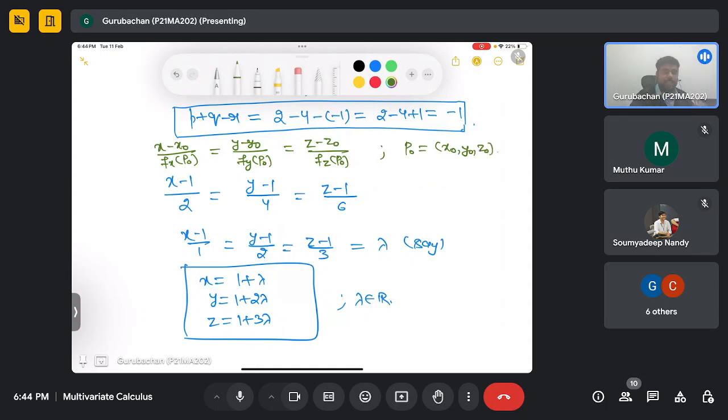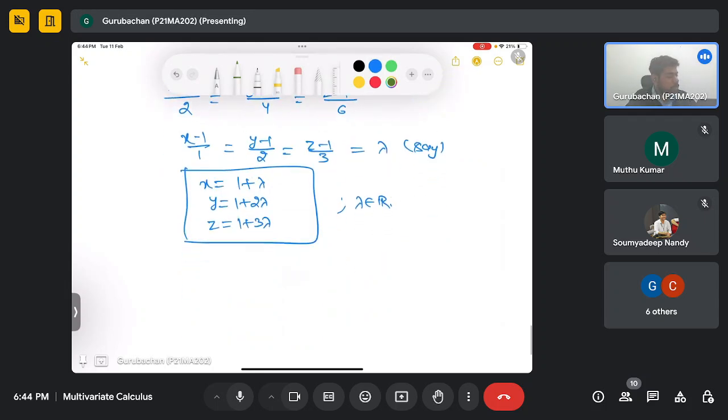So we can write in general form, that is (x minus 1) divided by 2, (y minus 1) divided by 4, and (z minus 1) divided by 6. Since these three have a common factor of 2, we can take it common and cancel it out. It will become 1, 2, 3, and we will again assume it equal to some parameter lambda. Then we can find out this parameterized form.